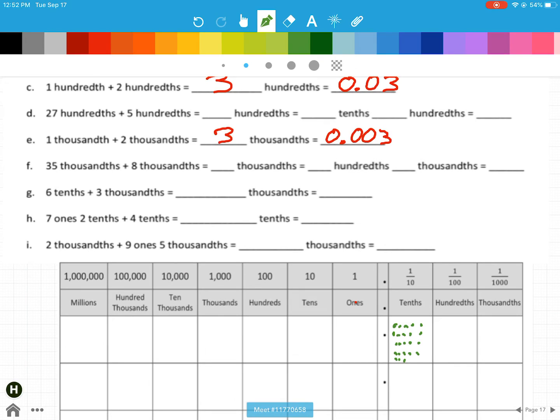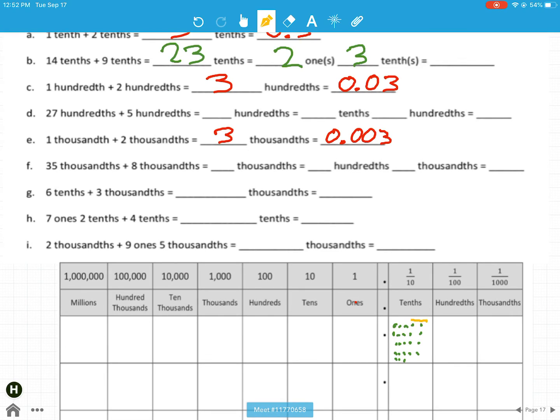Now I can gather and compose 10 of these and 10 more and move them to the ones, which will give me 2 ones and 3/10.